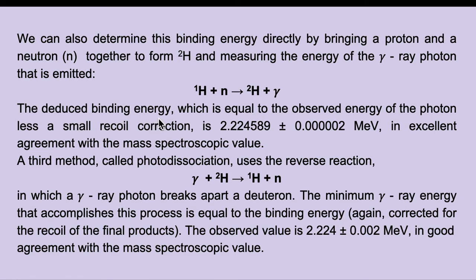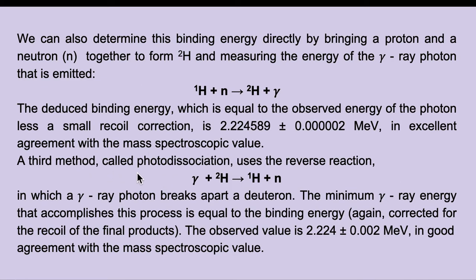The reduced binding energy, which is equal to the observed energy of the photon less a small recoil correction, is nearly this value. You can measure that gamma ray energy, and you do this at very high energies, normally termed nucleon scattering experiments. It is also in agreement with the mass spectrographic value.